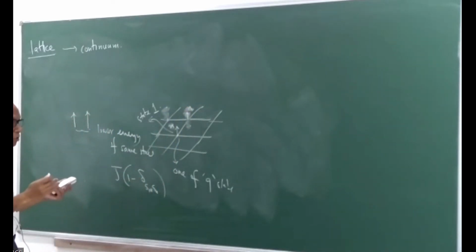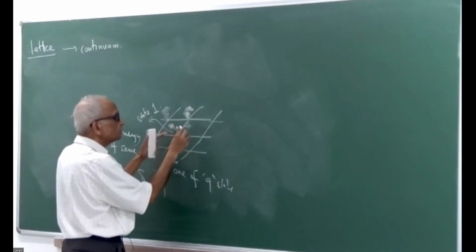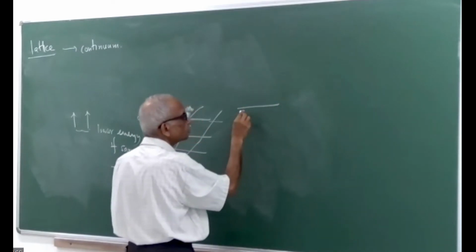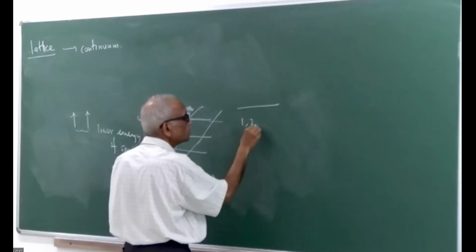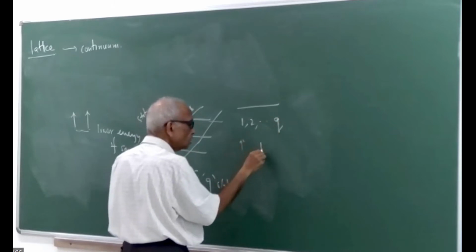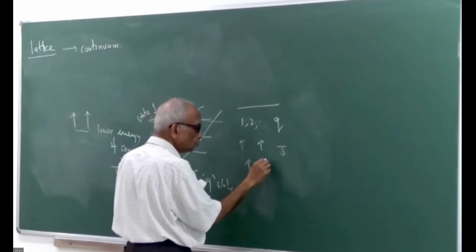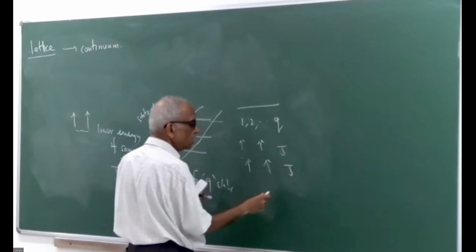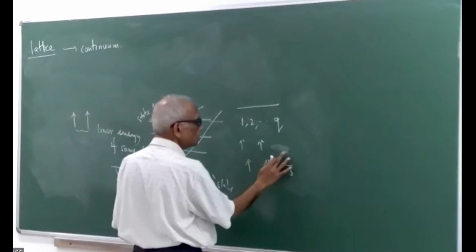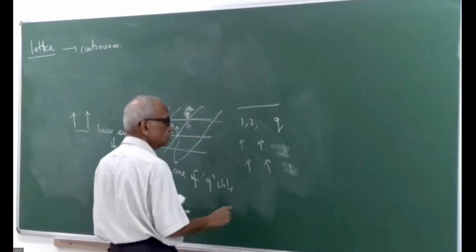I'm making no difference between the states: if of the Q possible states I label them 1, 2, 3 up to Q, if this is 1, 1, the strength is J, if this is 2, 2, the strength is J, and so on, or 1, as I have written over here. So the strength factor is 1, which means that the total energy is 0.